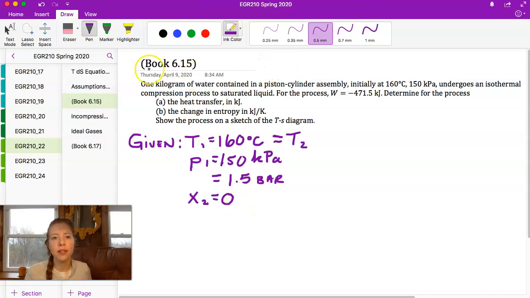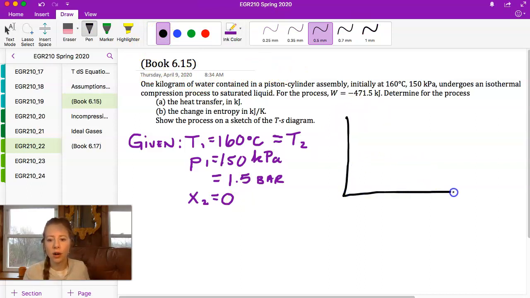All right, so now let's just start by sketching this on the TS diagram to have a sense of where we are. So TS diagram, remember, is temperature versus entropy. And so we'll just do degrees Celsius, and we'll just do a specific entropy in this case. So it'd be kilojoules per kilogram Kelvin. Okay.